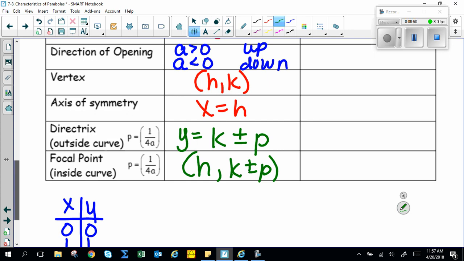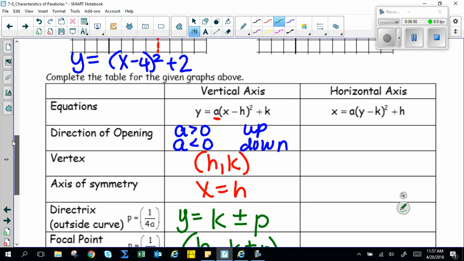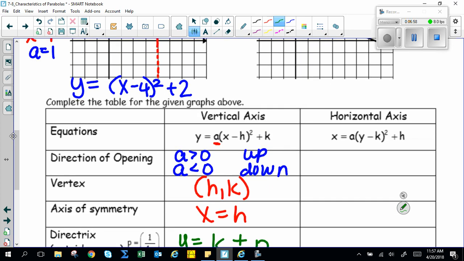Now, here's what's new. Let's look at our parabola that's opening to the right. Your parabola will open to the right when your a value is positive, and your parabola will open to the left if your a value is negative.